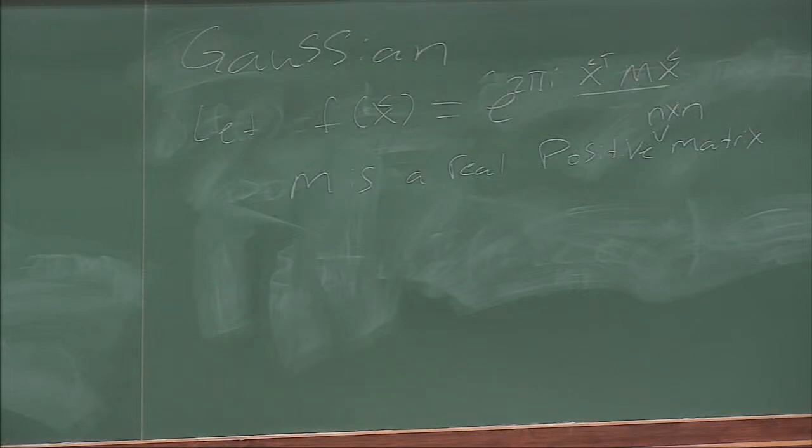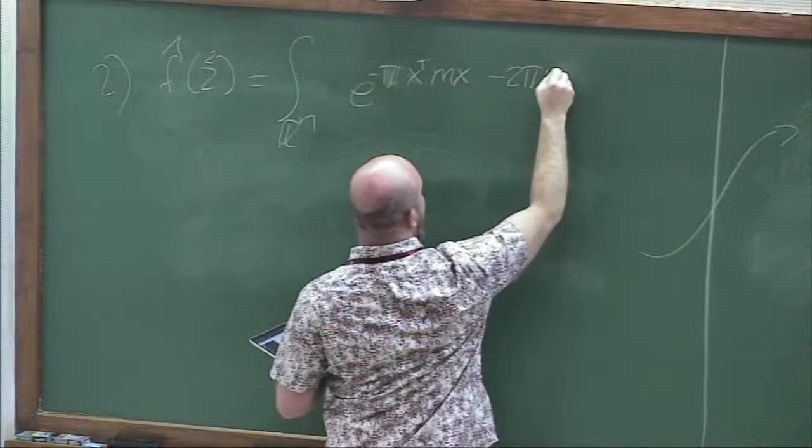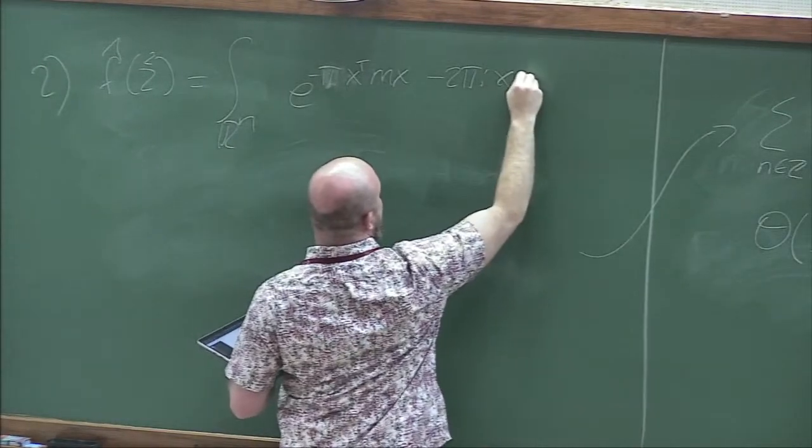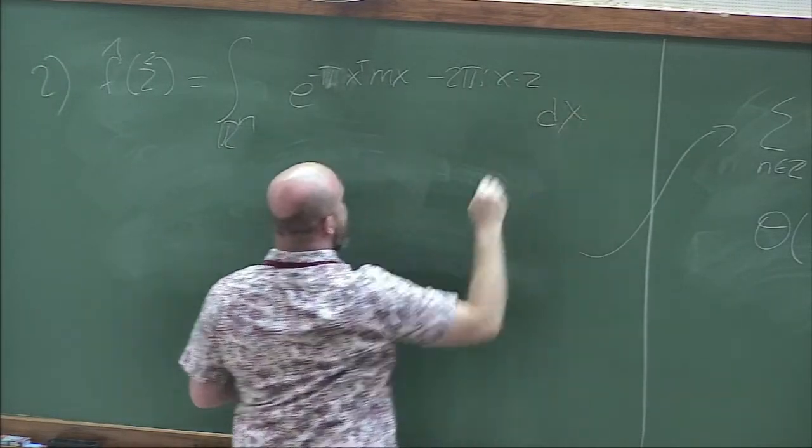We're going to compute f hat of our vector z, and using our definition, this is an integral over all of Rn of e to the minus pi x transpose Mx minus 2 pi i x dotted with z, dx.